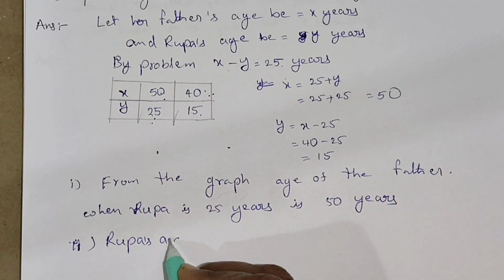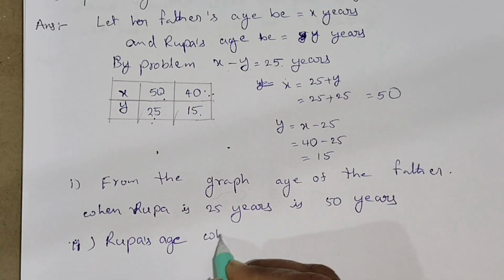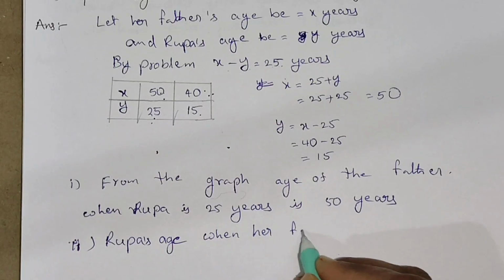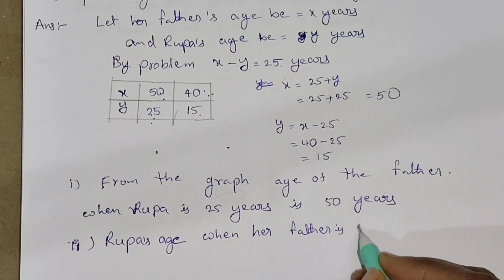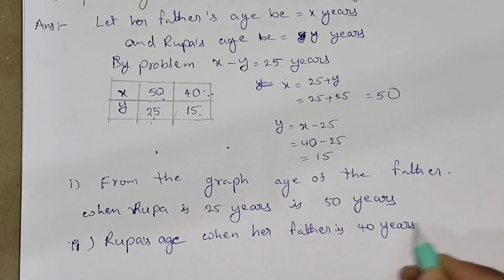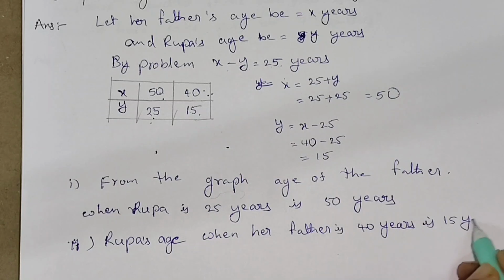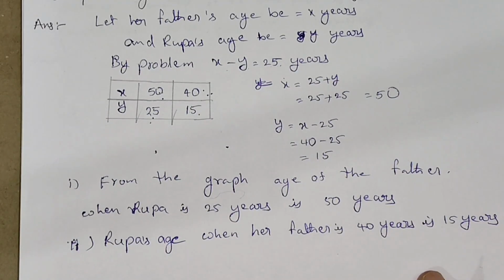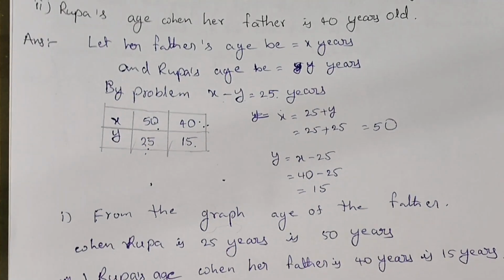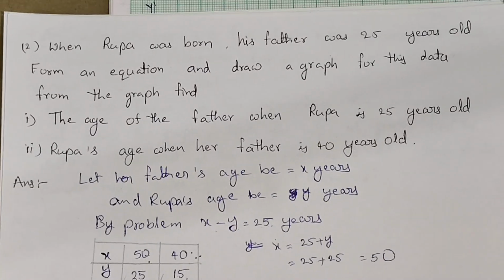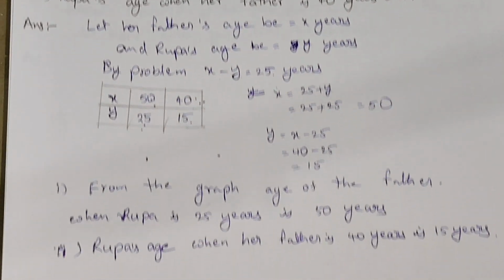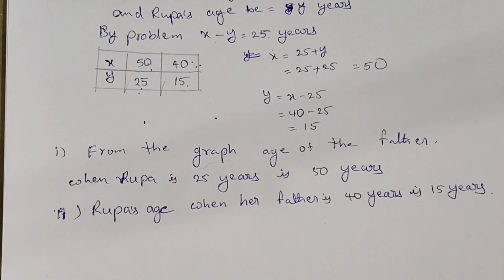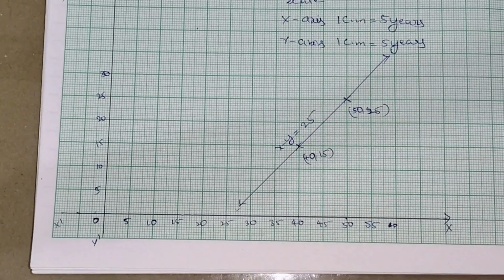Rupa's age when her father is 40 years is 15 years. This is the answer to the second question. This is the complete graph for the second question.